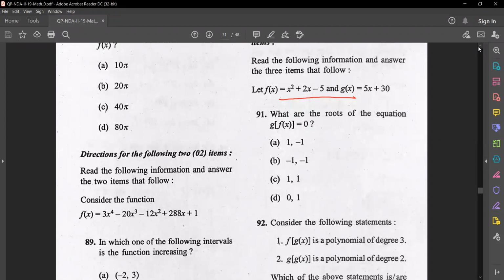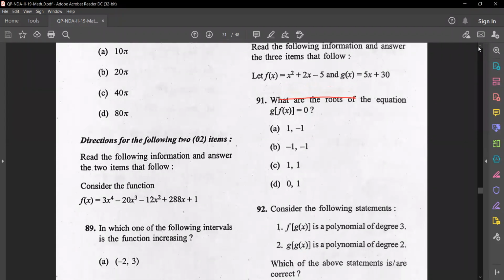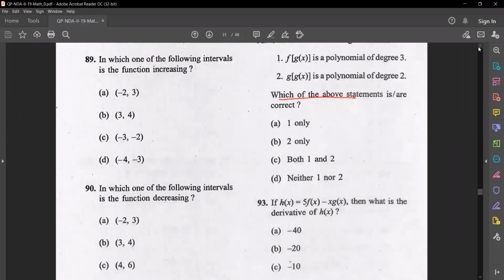See, this is the f of x. Please note down. Anybody who hasn't noted down f of x and g of x, please note down. F of x is x square plus 2x minus 5. G of x is 5x plus 30. Okay, now come back to the 93rd question.